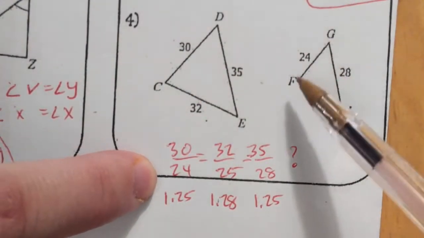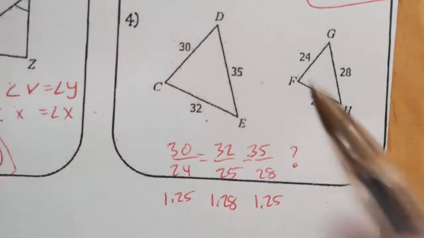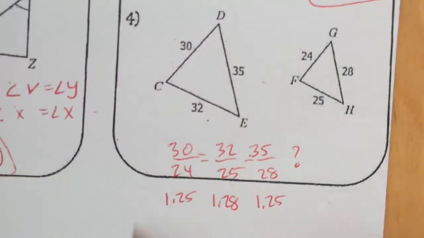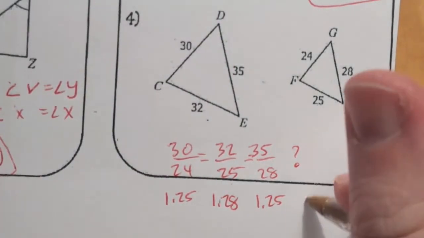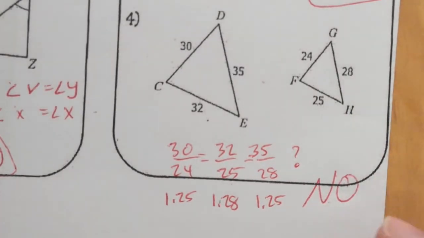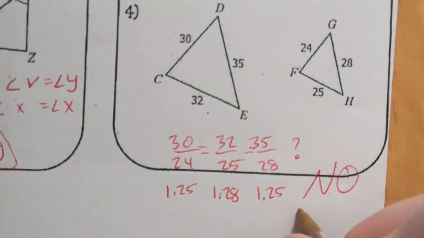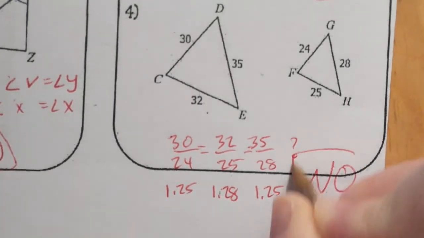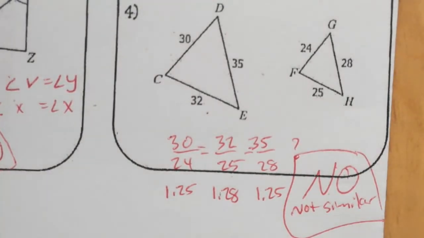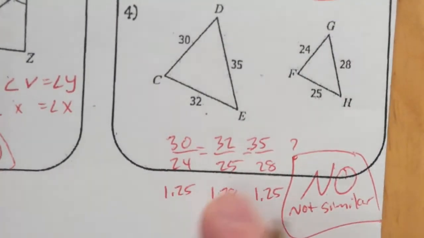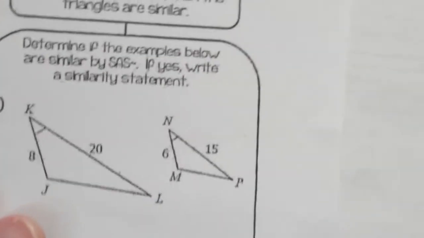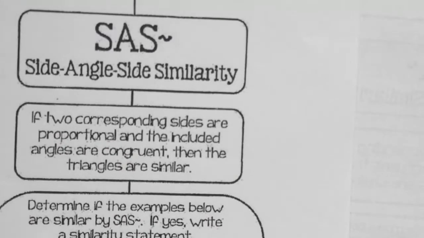All right, 24, 25, 28. All right, check in your calculator. 32 divided by 25. Yeah, I did this correctly. So were these equal? No. So this is not similar. Oh, those tricky little buggers, right? Okay, so that one did not work. Okay, and finally, the SAS.